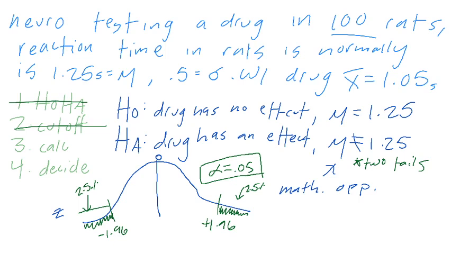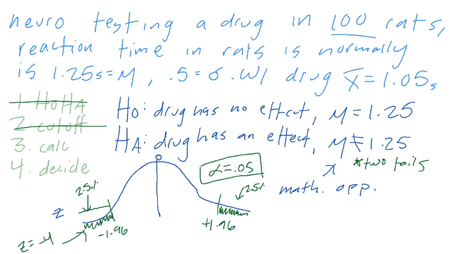Is -4 in one of our critical regions? Let's get back to our other color. Is it in our critical region? Well, I think so. I would think yes. It's somewhere over here, a z of -4. Z of -4 is in fact over here in this critical region.